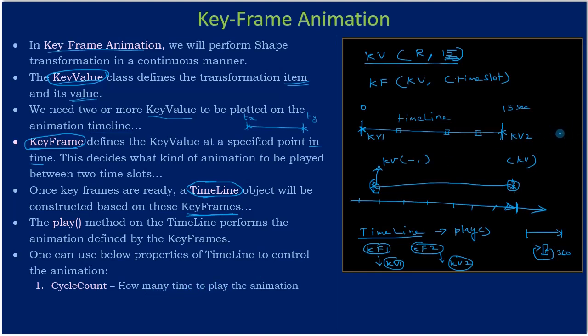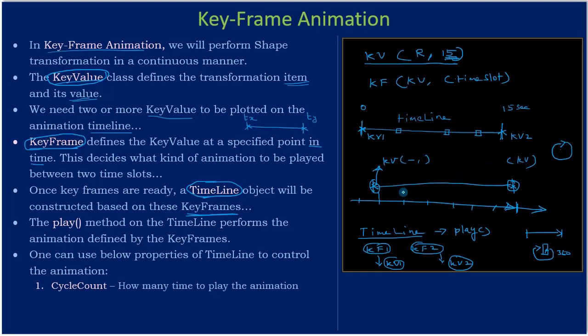So if the object is rotating, and one cycle is counted as a 360-degree rotation, and if we set cycle count as 4, then the same sequence will be played 4 times. So it will make sure that the object will get rotated 4 times.